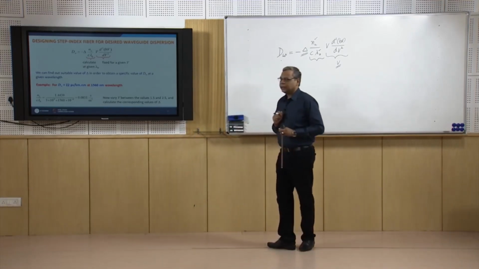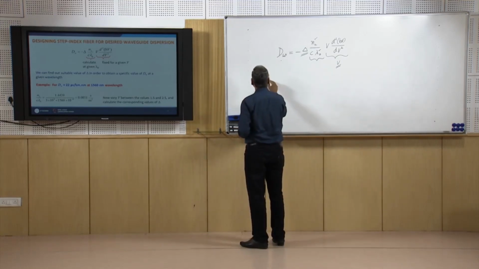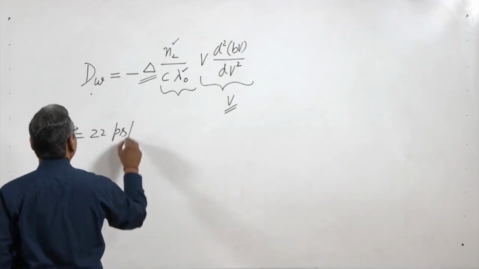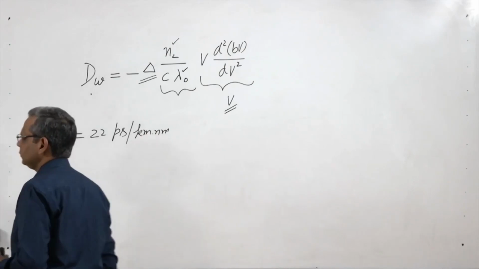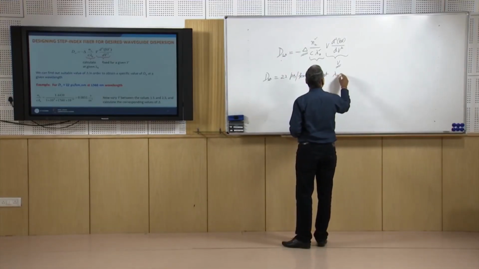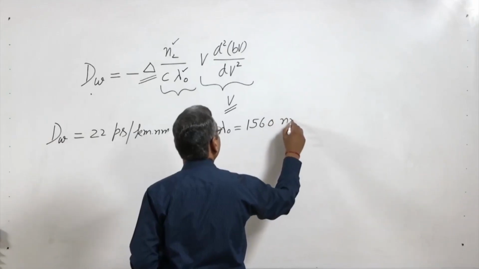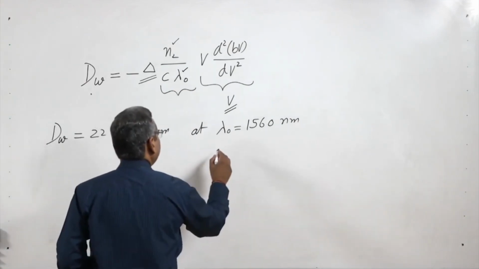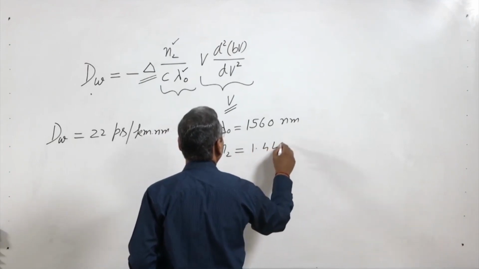I can understand it with the help of an example. If I want to target my dW as 22 picoseconds per kilometer nanometer at lambda naught equal to 1560 nanometer wavelength, then N2 at this wavelength is around 1.4439.